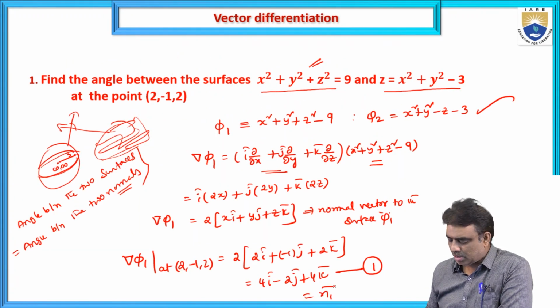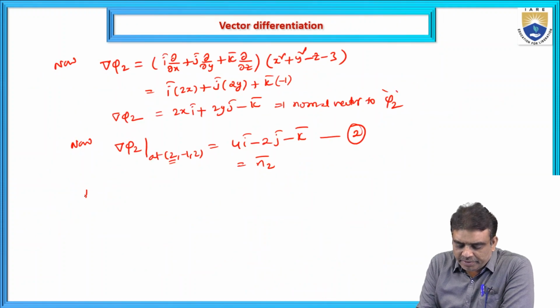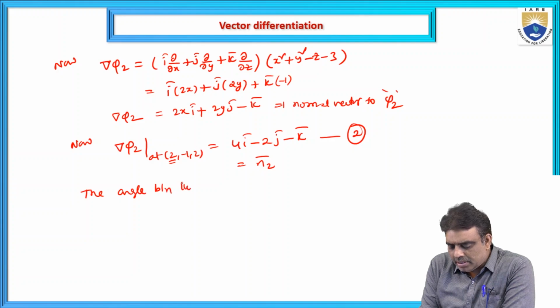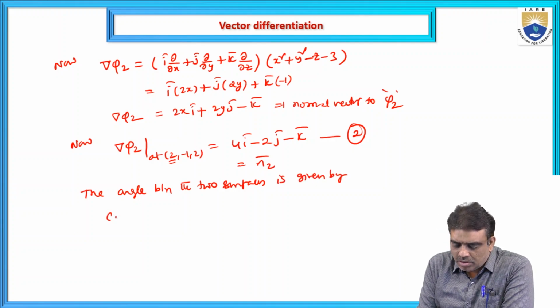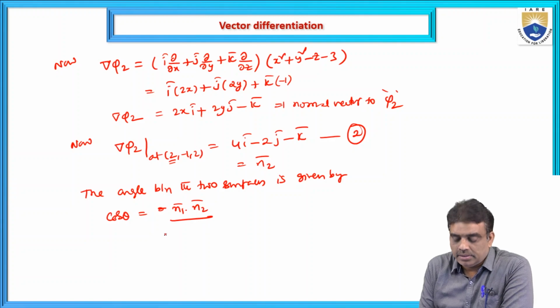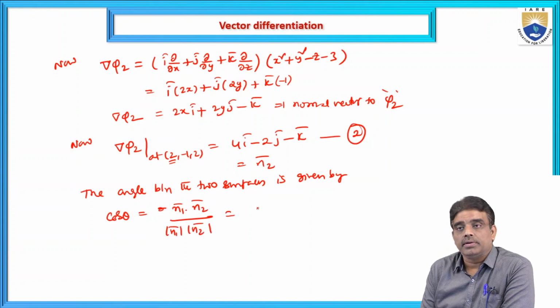Now the angle between the two surfaces is given by cos theta is equal to n1 bar dot n2 bar by magnitude of n1 bar into magnitude of n2 bar.